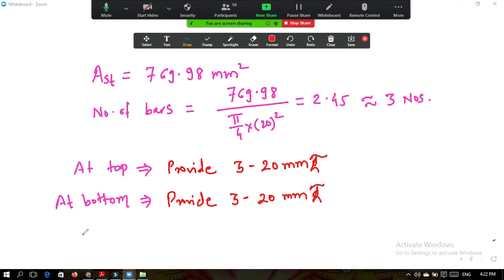What is the percentage of steel for positive moment?